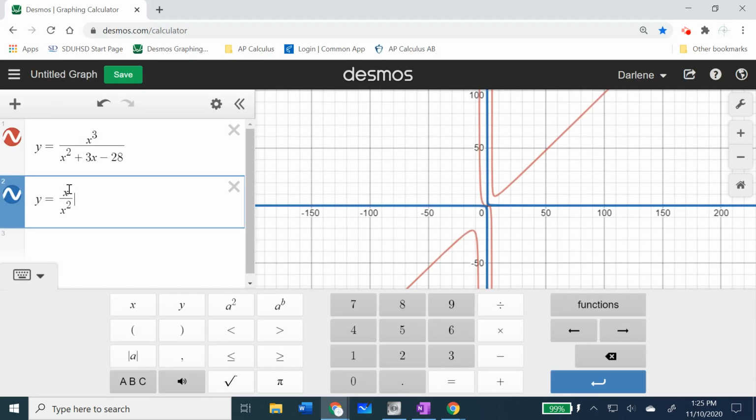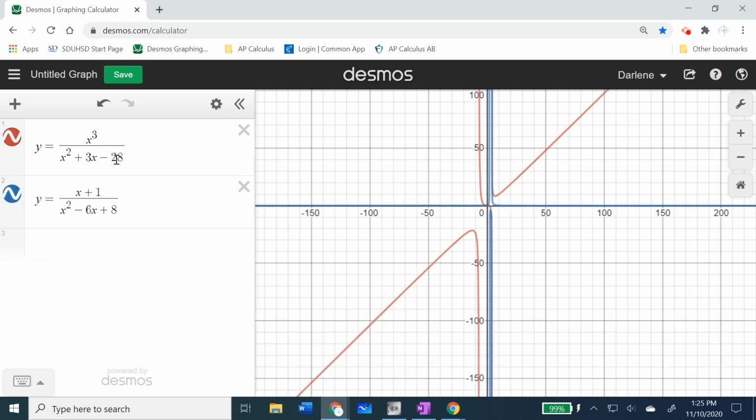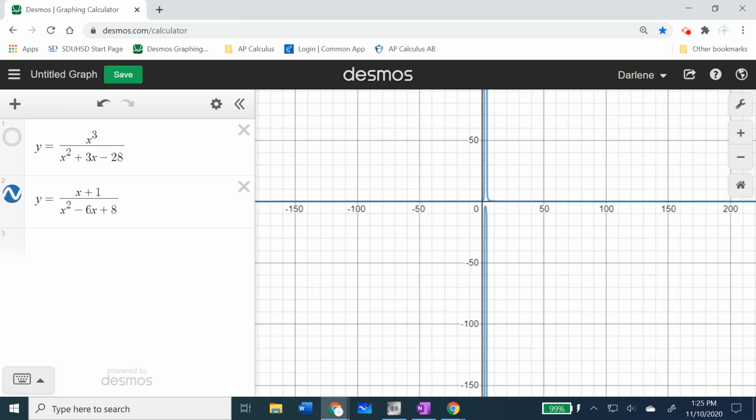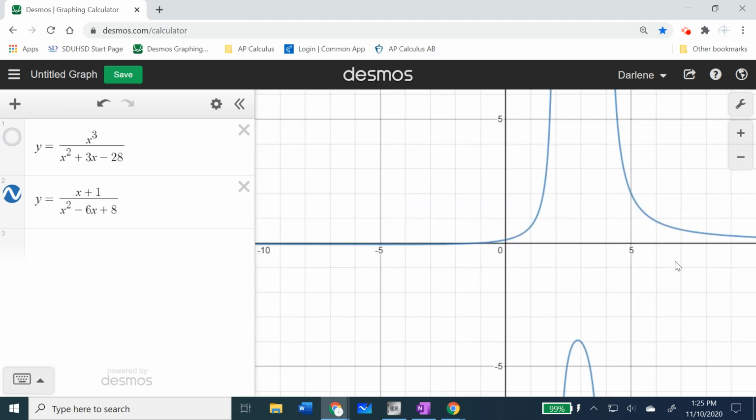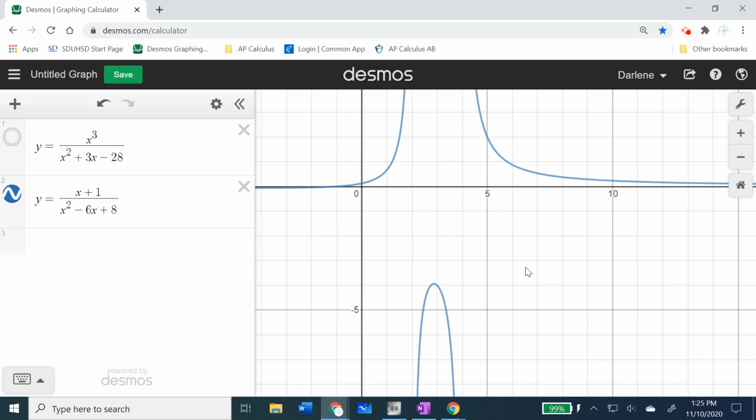X plus 1 minus 6x plus 8. And I am extremely zoomed in, so I'm going to push the home menu.